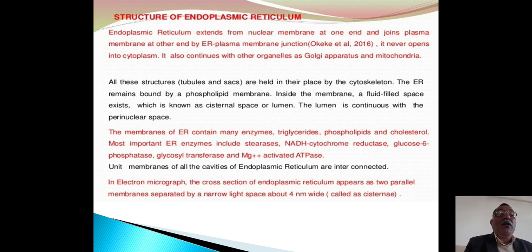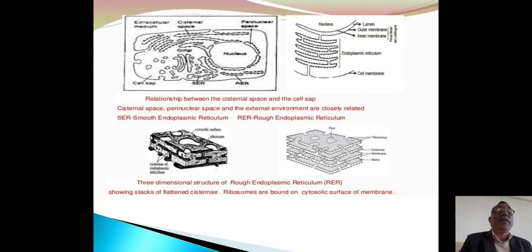The unit membranes of all cavities of endoplasmic reticulum are interconnected. In the electron microscope, the cross section of the endoplasmic reticulum appears as two parallel membranes separated by a narrow light space about 4 nm wide, called cisternae. Now you can see it very clearly.